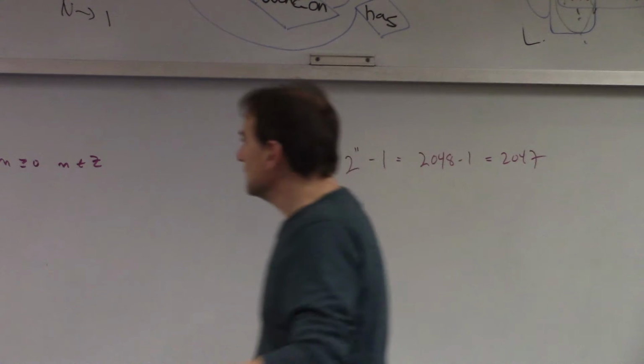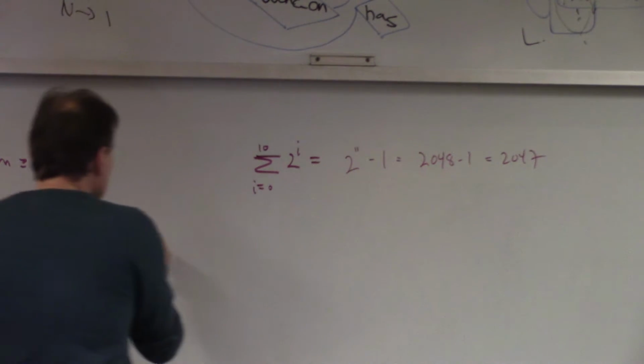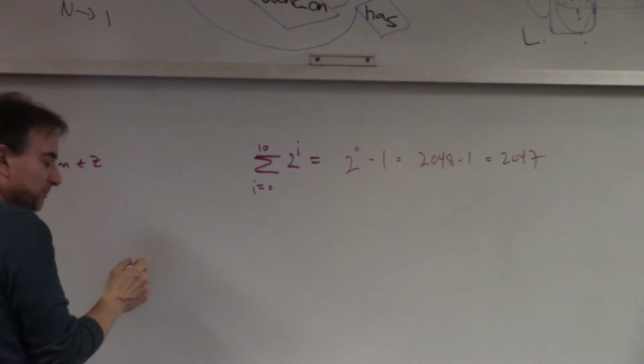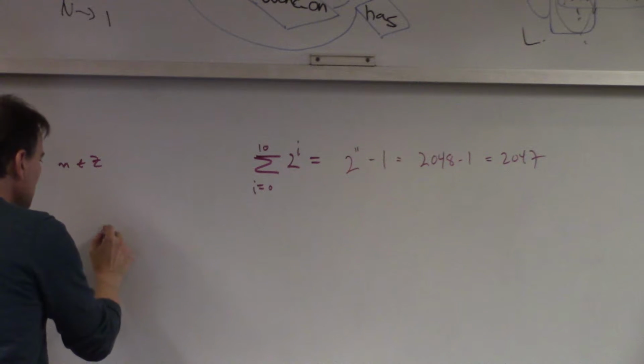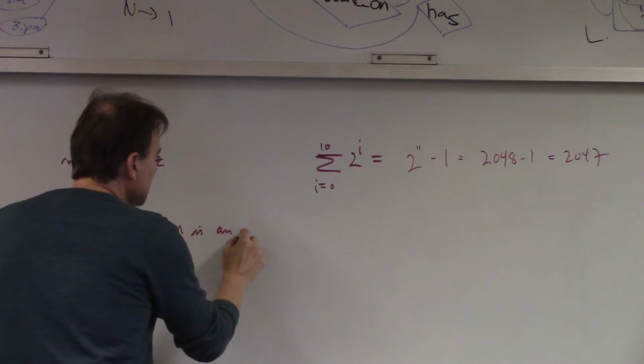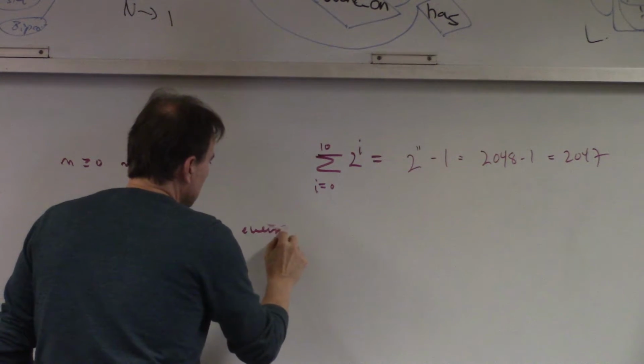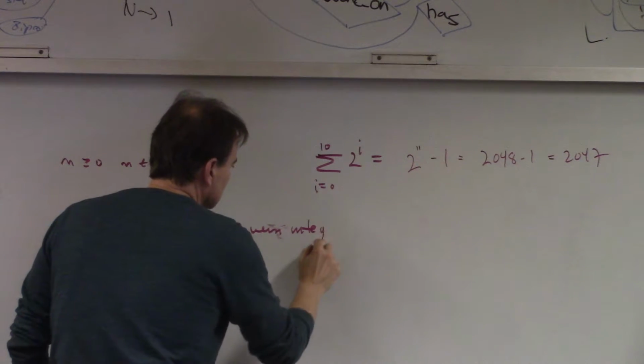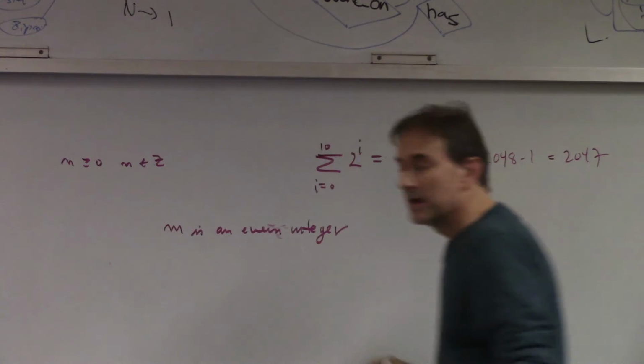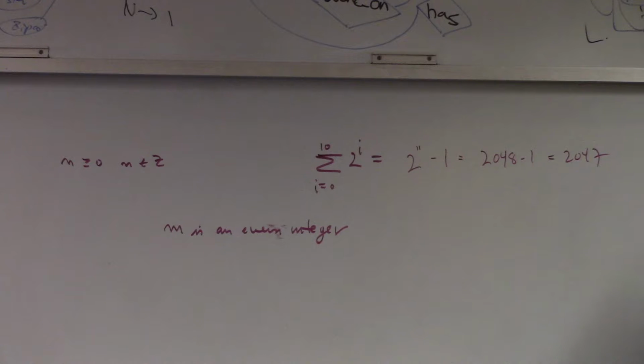Now let's suppose I have an example. Suppose m, like Mary, is an even integer.